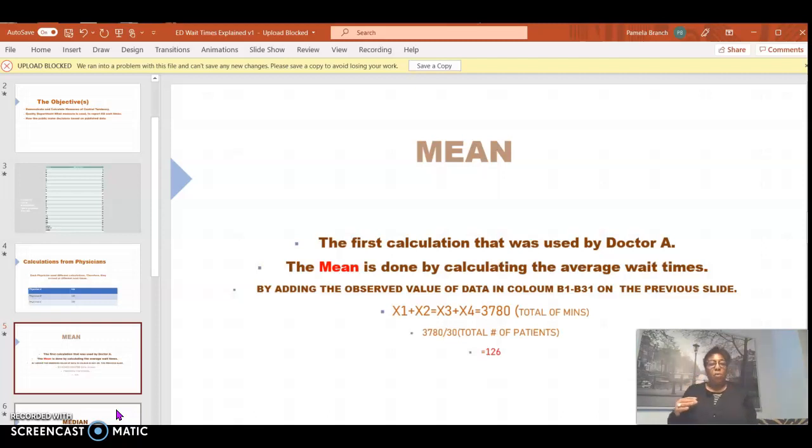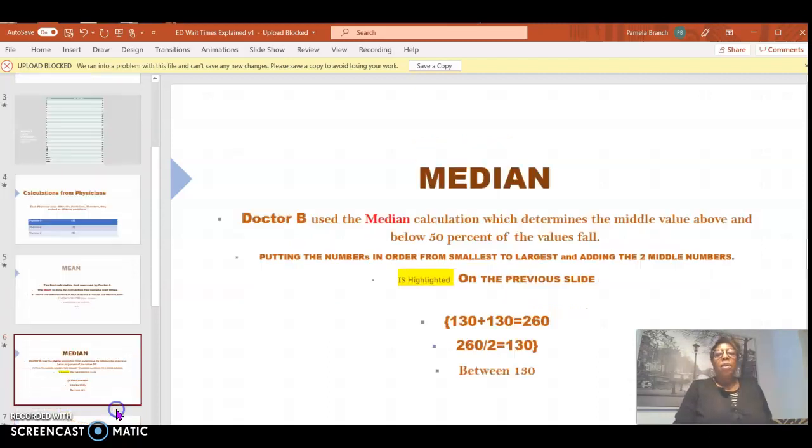He added all those minutes together, and the total was 3,780. With this calculation, we divide the total minutes by the 30 patients. Dr. A's calculation came to 126 minutes.